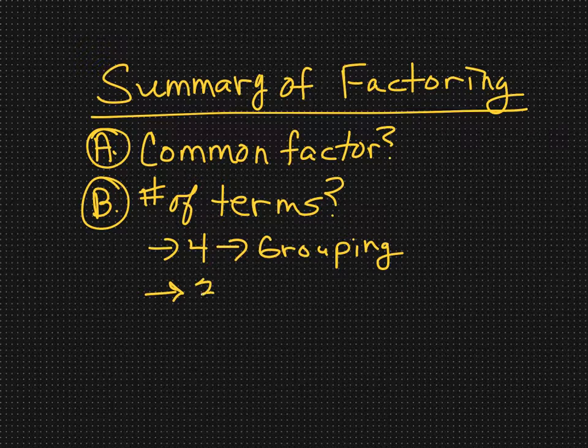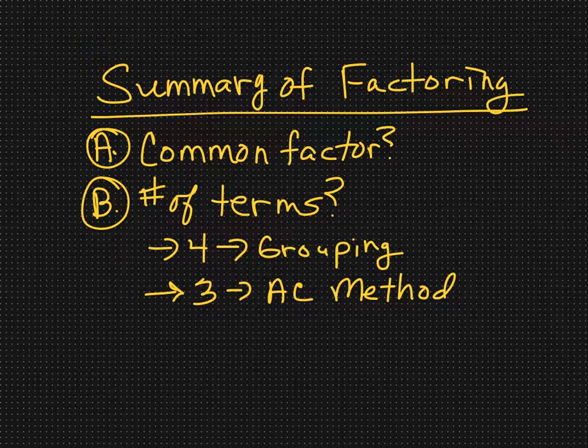If there are 3, that means we're going to do the AC method. And not only that, but it also means that if there's a 1 on the squared term, we'll use the shortcut.